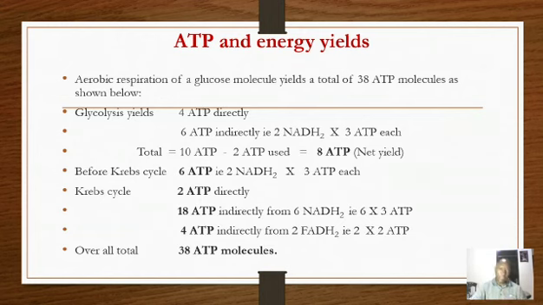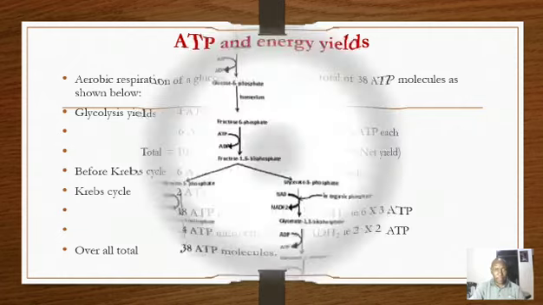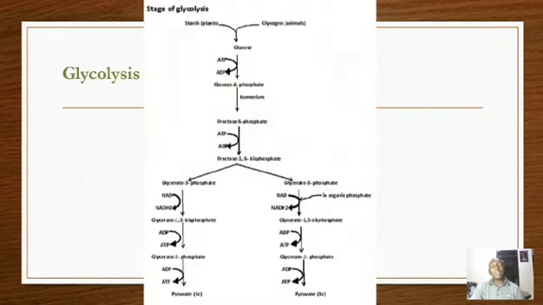During glycolysis, we saw that from one molecule of glucose, we end up forming 2 molecules of pyruvate. But in the whole process of glycolysis, there were 2 ATP molecules liberated from each glycerate 3-phosphate.